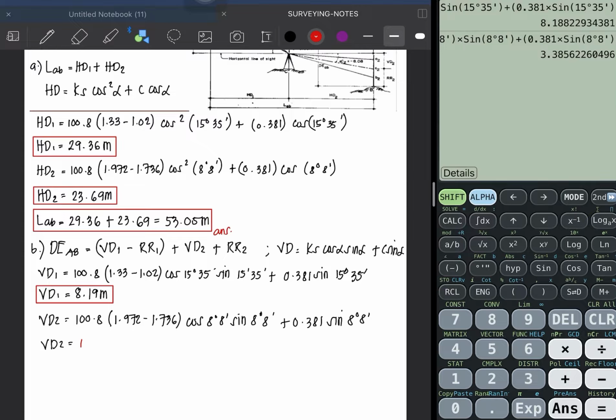So you have the vertical distance of 3.39.